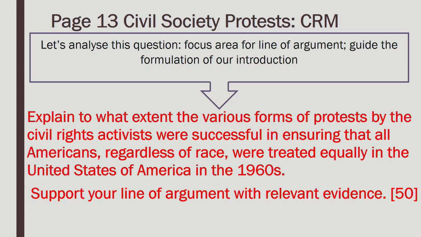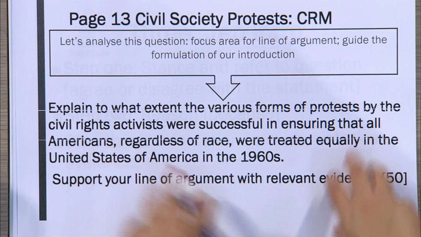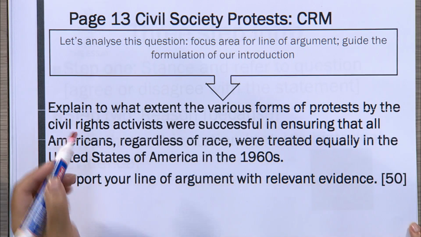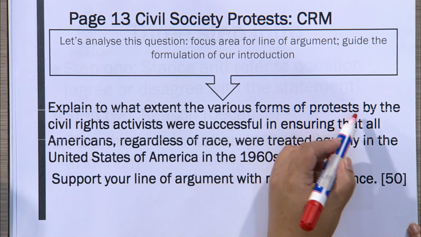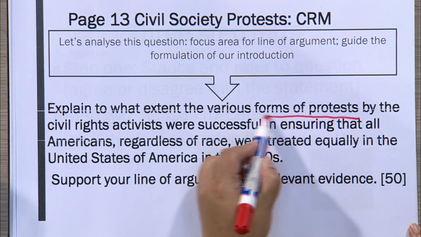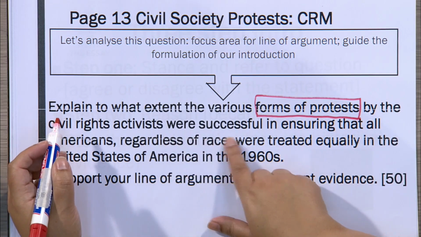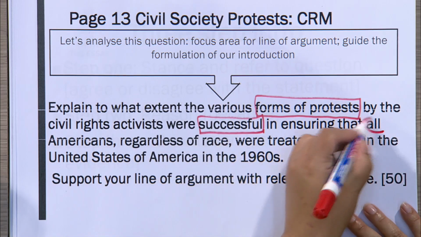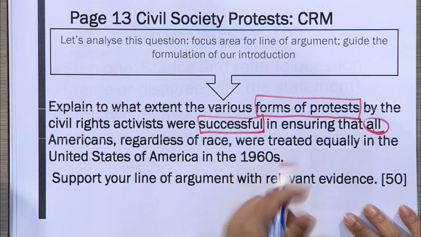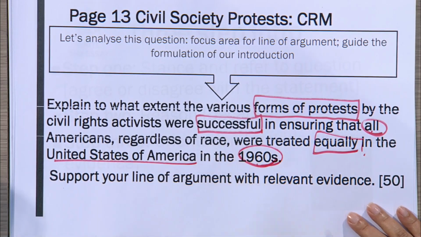So let's start off, grade 12s, by looking at how we can use the question to determine where they want the focus area for our essay to actually be. The question says, explain to what extent the various forms of protest by the civil rights activists were successful in ensuring that all Americans, regardless of race, were treated equally in the United States of America in the 1960s.